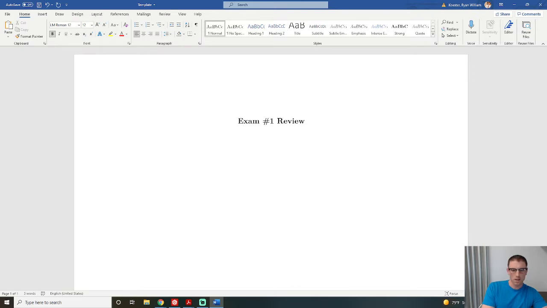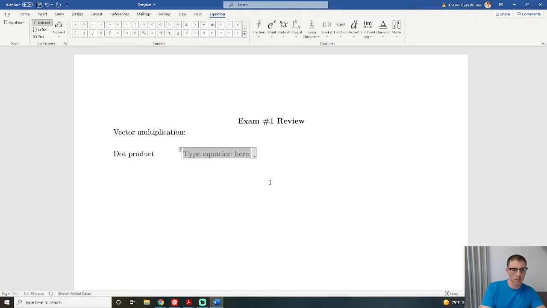So let's see here. Okay, probably the math stuff first, right? So let's talk about the two kinds of vector products that we have. Let me say vector multiplication, because saying the vector product makes it sound like the cross product, right? So there's the dot product, right?